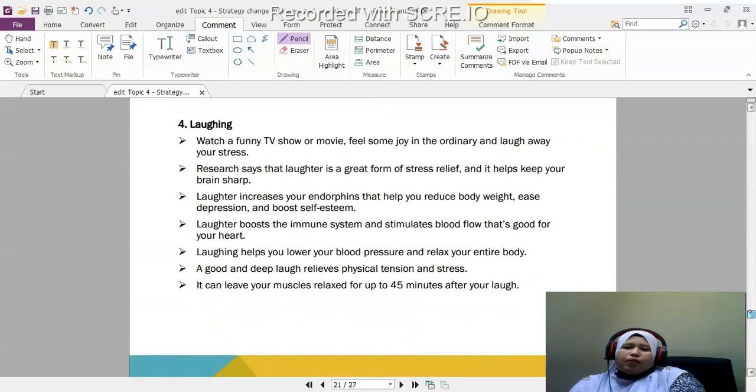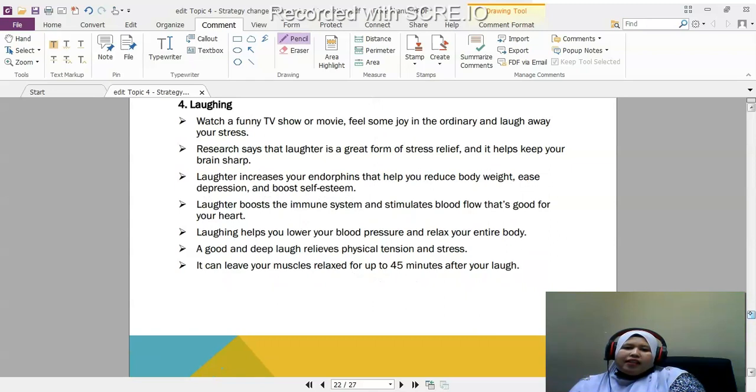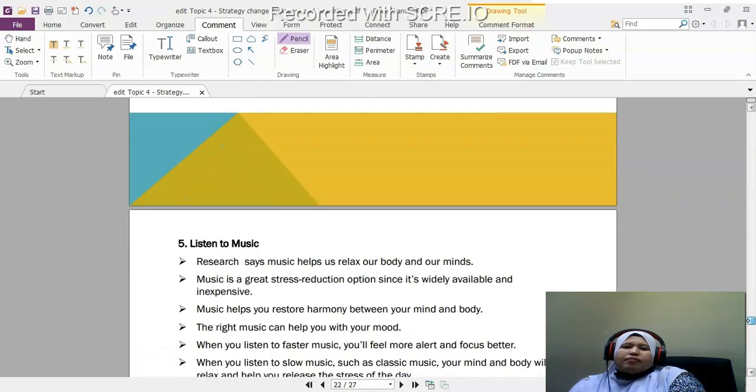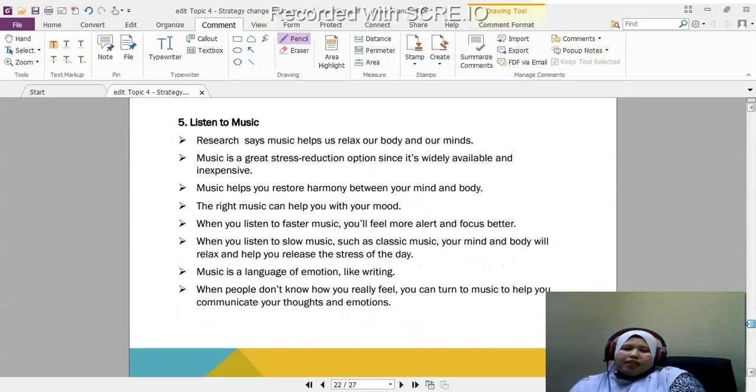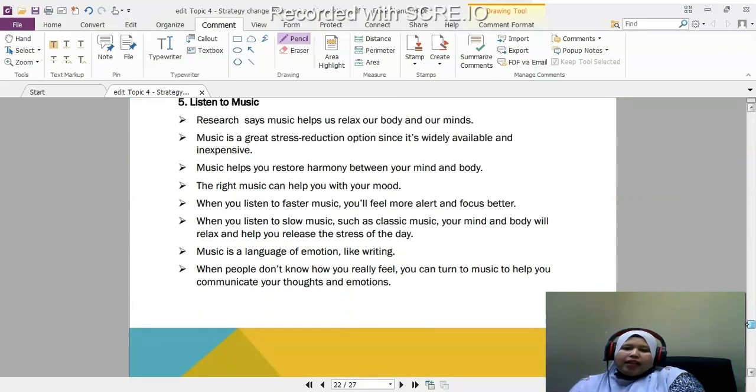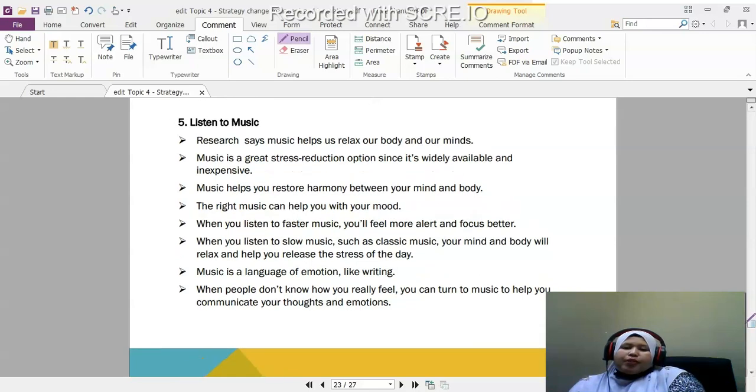Laughing is also one of the treatments for stressfulness. Listen to music, as I mentioned before. Music is the language of emotion. When people don't know how to really feel, you can turn to music to help you communicate your thoughts and emotions.